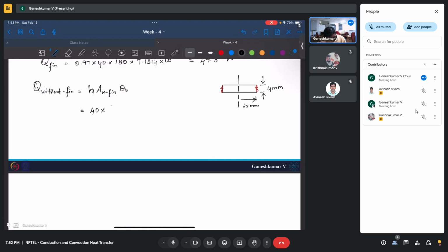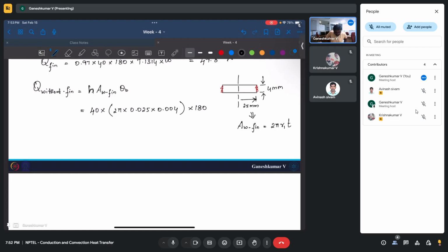Before that, area without fin is 2 pi into 0.025 into t, which is 0.004, times 180. So it's going to be 2 pi r1 t. That is the area without fin.